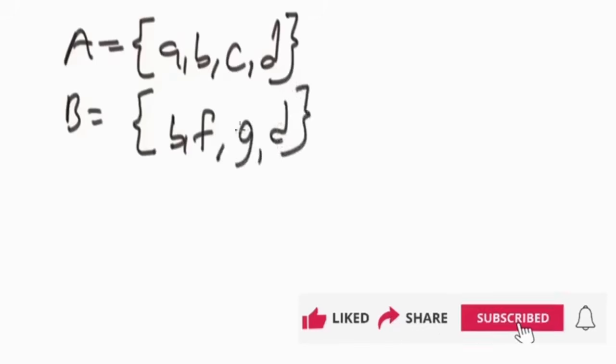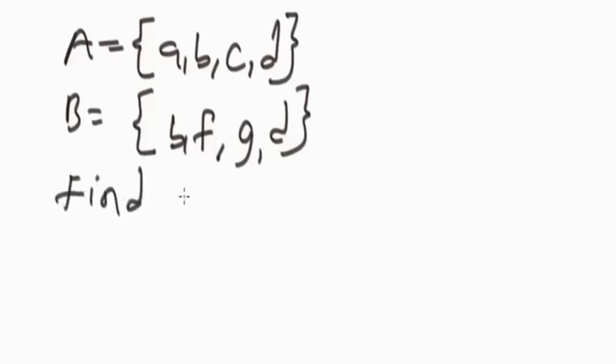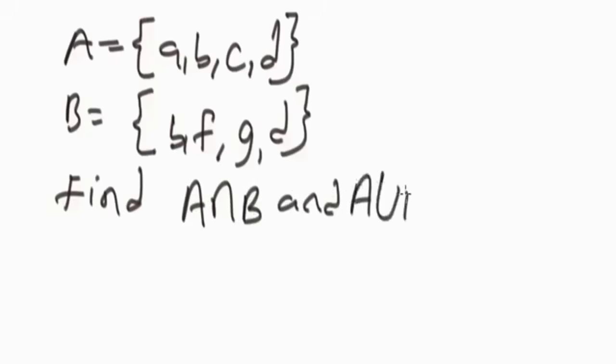We have to find A intersect B and A union B. Before we do the Venn diagram, let me show you.